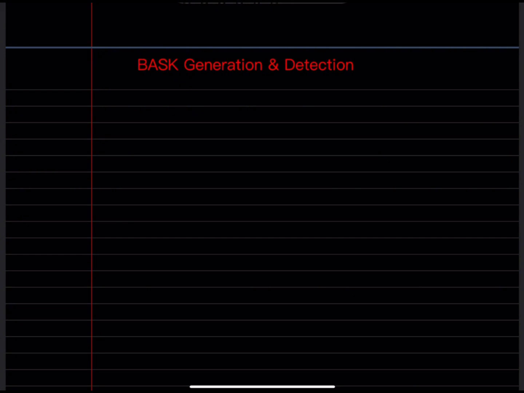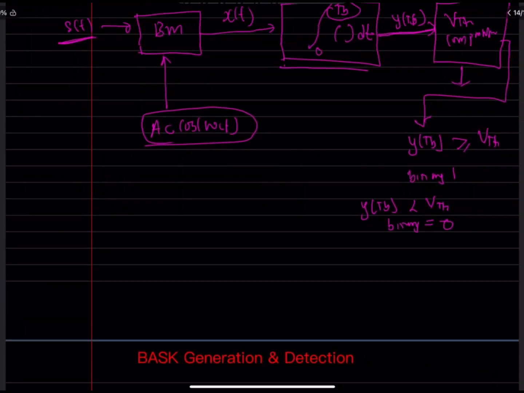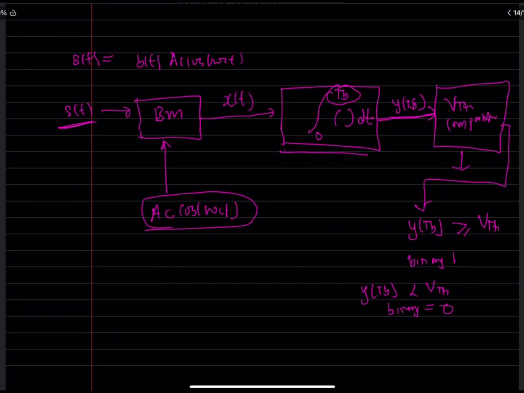Then we pass it to the low-pass filter. In digital modulation, the low-pass filter is represented by the integral from 0 to the bit duration of the signal, multiplied by dt. Instead of writing low-pass filter, we just write the integral, and we are going to do some mathematical analysis on that.